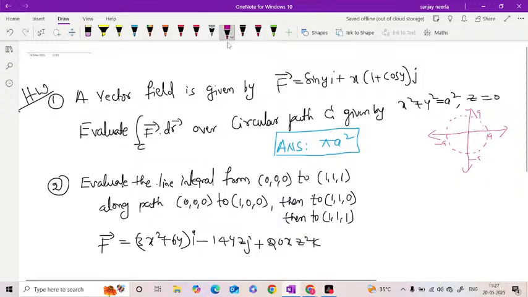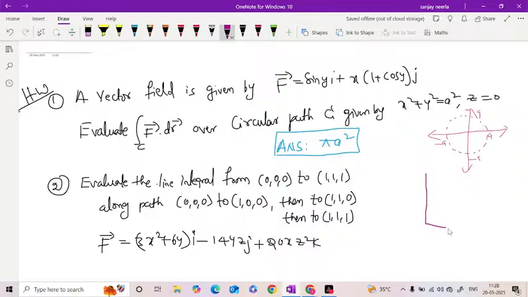But here I am asking a question. What is the path? It is related to 3D. Now I am drawing the diagram.